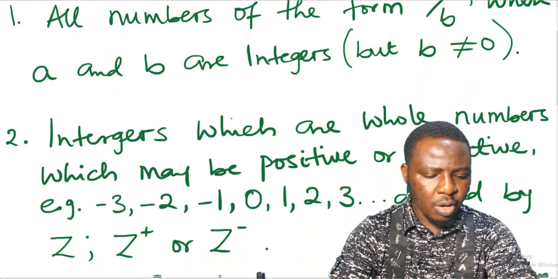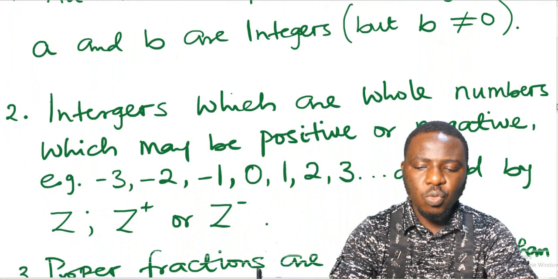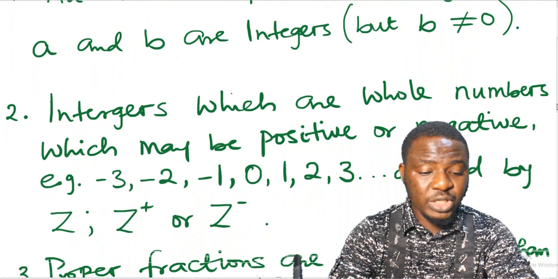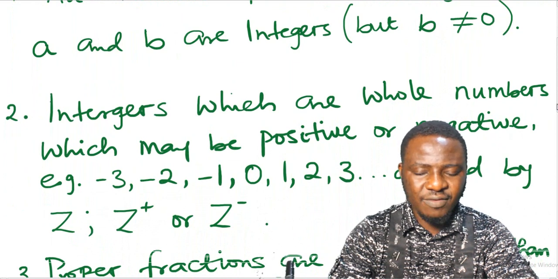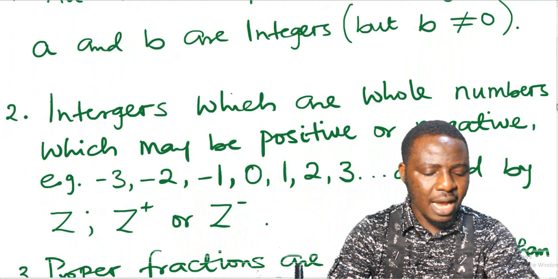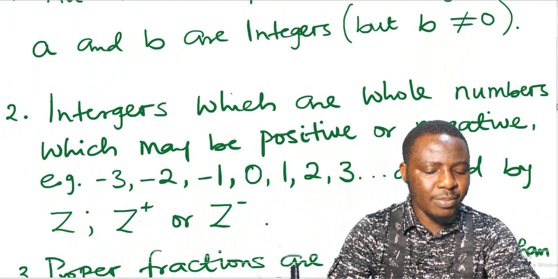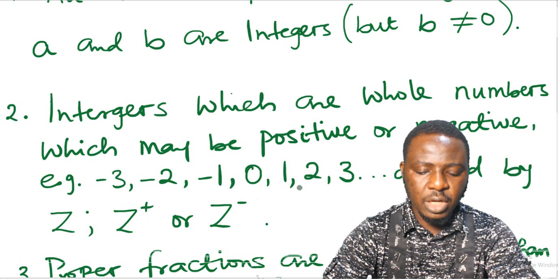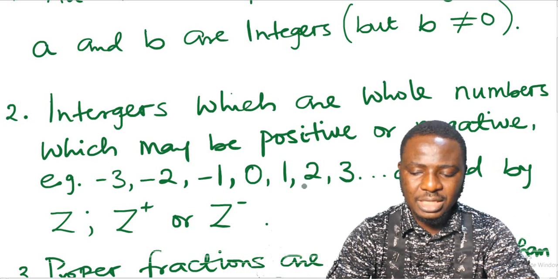2. Integers, which are whole numbers that may be positive or negative, are also said to be rational numbers. An example, we have -3, -2, -1, 0, 1, 2, and 3.